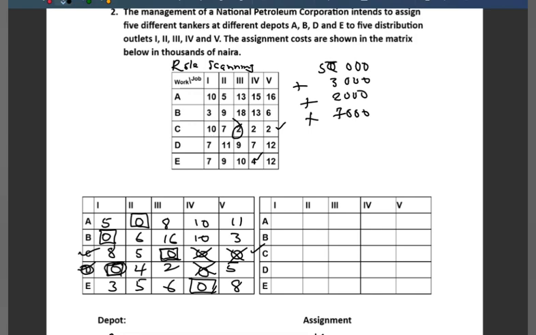Okay, so this should be 5,000 actually, because it's not 50,000, it's 5. And finally the last one, E is assigned to 4, that's 4,000. So we can add all of this together. Then we're going to have 8, 9, 10, 17, 21,000.